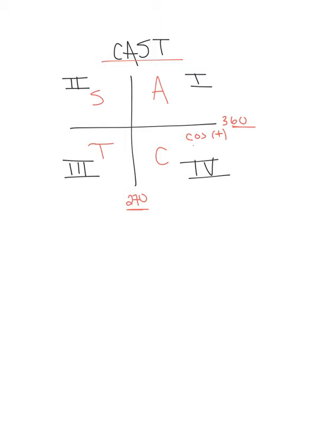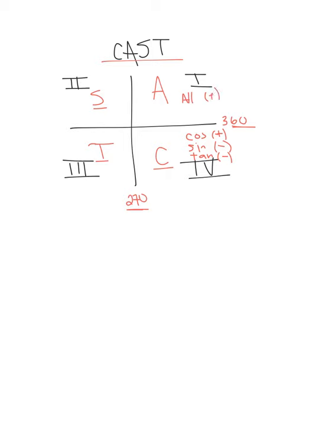Now it also means that sine is negative and tan is negative, okay? So the CAST rule just tells us which one is positive. In the A, you're probably wondering, well, what is A? I see a C for cos, an S for sine, and a T for tan. A means that all things are positive.